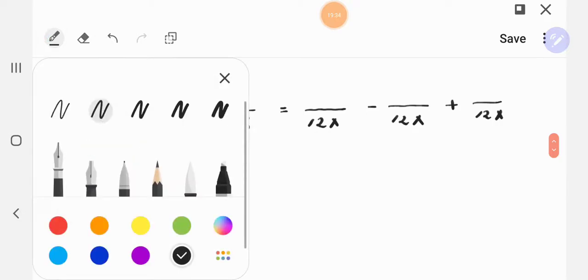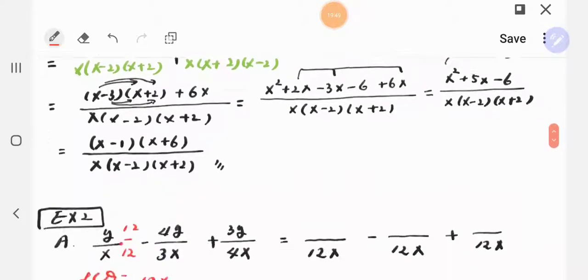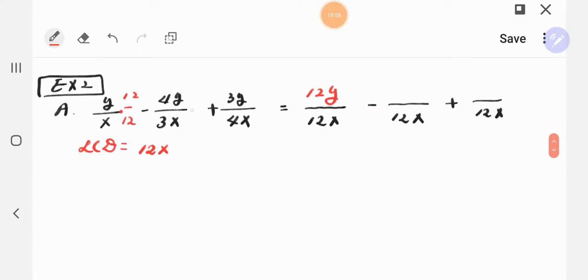And then let's find the numerator. We have to change the numerator. x times what is 12x? 12, right? So multiply the numerator by 12. The numerator in the first fraction will be 12y. The second fraction: 3 times what is 12? 4, right? So 3x times 4 is 12x.